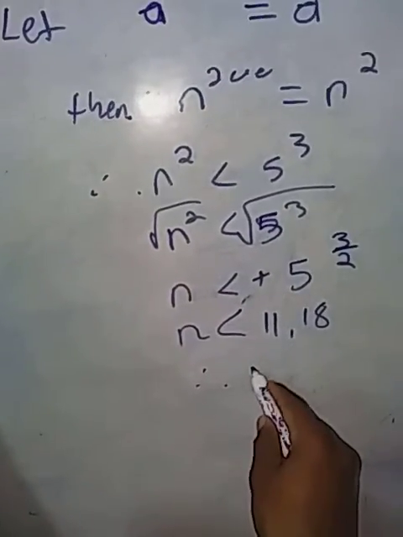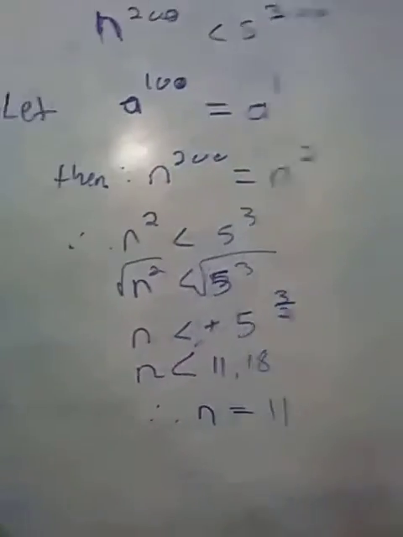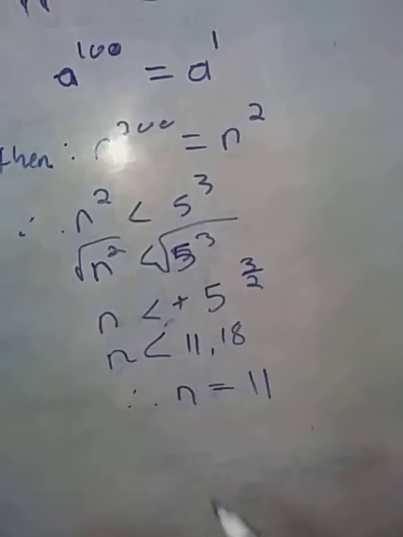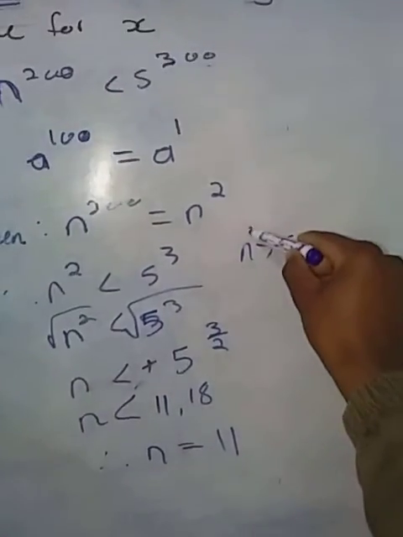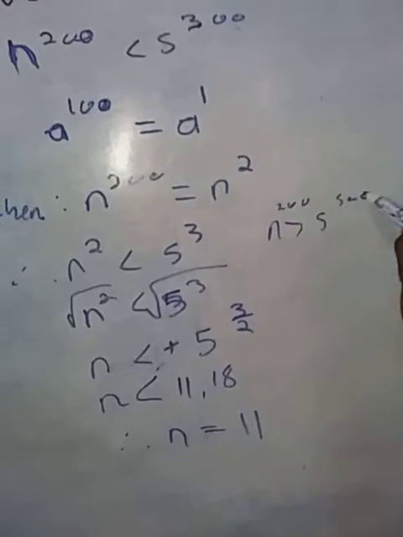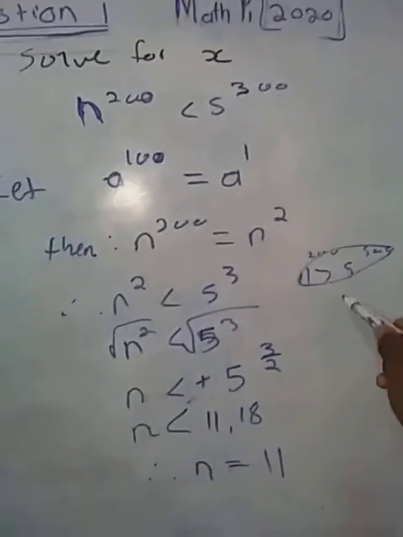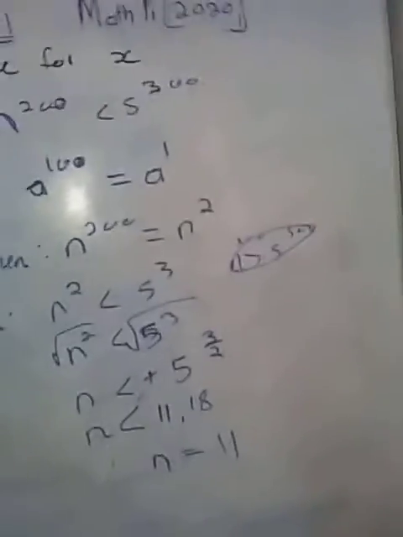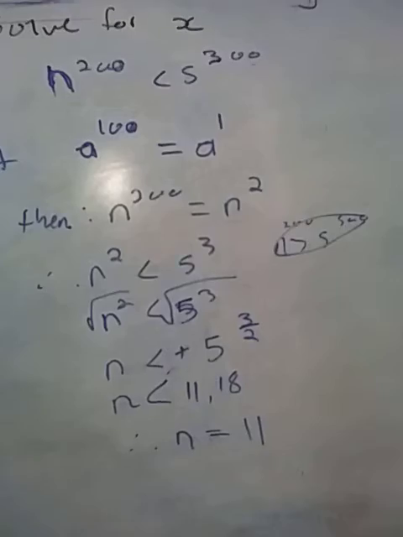Therefore, you can just say n equals 11. You can't say 12, because that would change the statement to n to the power 200 greater than 5 to the power 300, which is incorrect. We want it to be less than 5 to the power 300, but n must be the largest integer. 11.18 is not an integer.